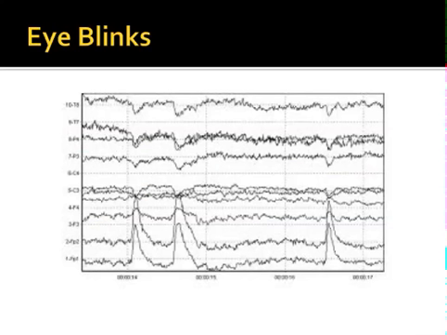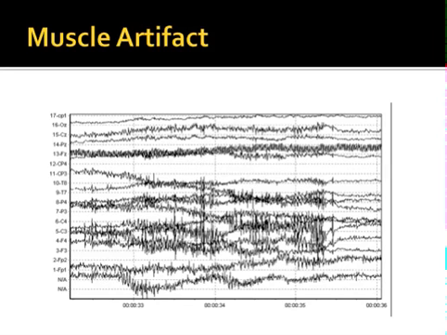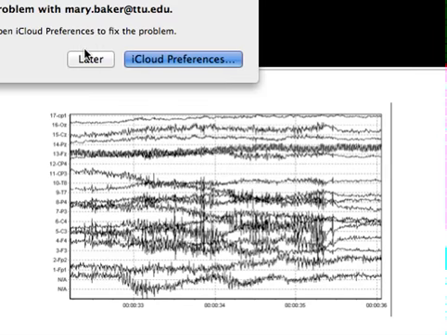Some of them, like the eye blinks, tend to have a fairly repetitive shape. So you can see that the shape of the artifact, at least within a channel, is fairly repetitive. The eye movements, that's a little more difficult, although there's a little bit of repetitive shape there too. The muscle artifact basically looks a lot like high amplitude noise.